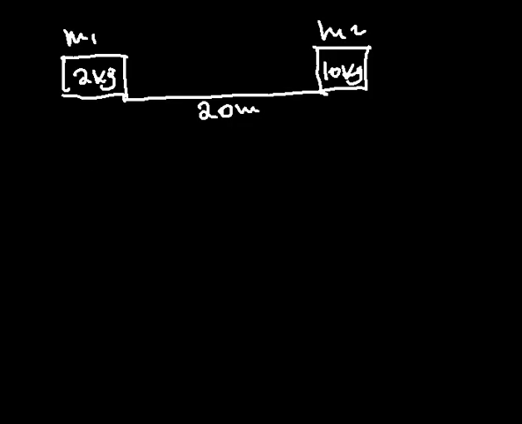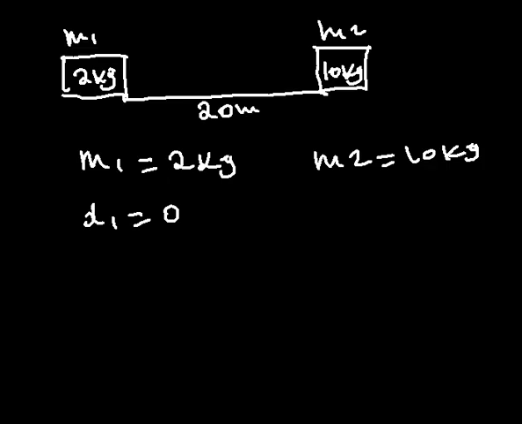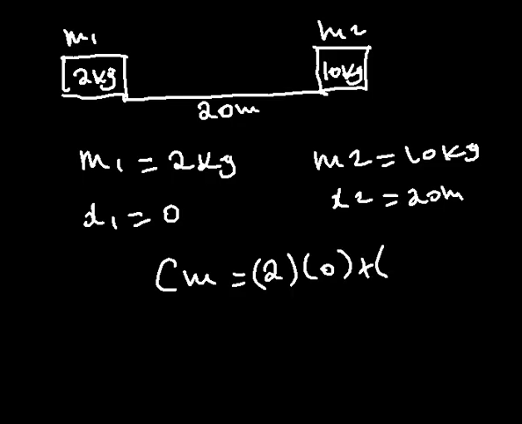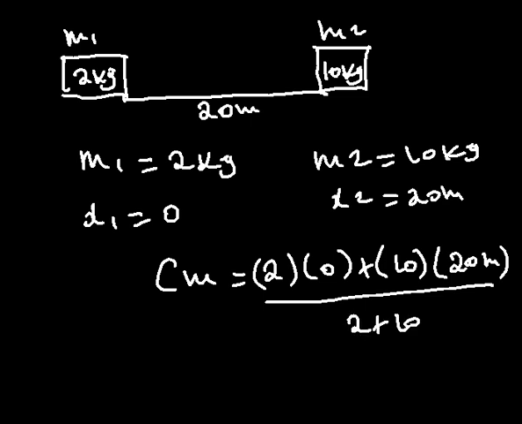As it stands here, the object of mass 1 is at a position x1, which is the origin, and the object of mass 2 is at a position x2, given as 20 meters. Now the center of mass will be given as 2 times its position, 0, plus 10 times its position, 20 meters, divided by the summation of the masses, 2 plus 10.